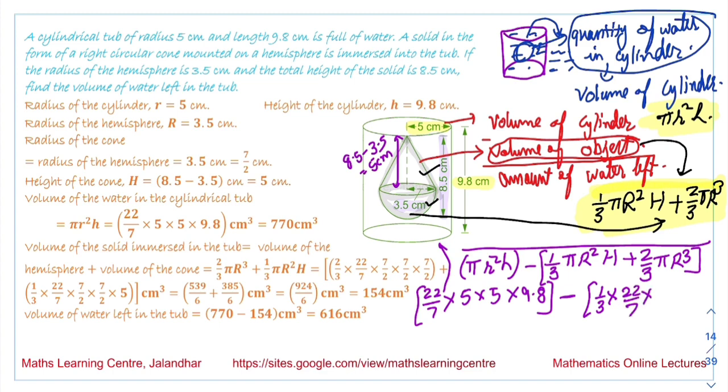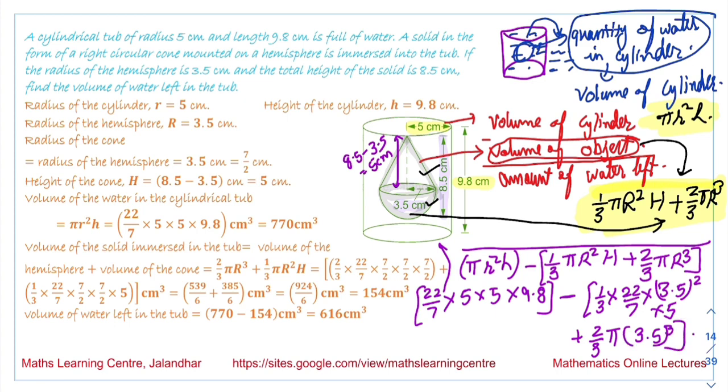Now we have 3.5 square into the height we have over here for this cone, which is 5 centimeter. Then it is plus 2 by 3 pi, the radius for this hemisphere is 3.5, and it is cube over here.